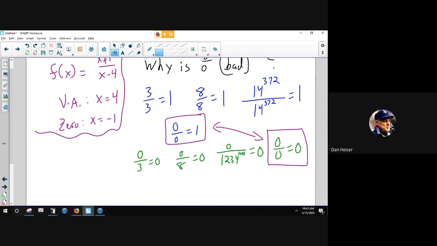If we're allowed to divide 0 by 0, then that means the number 1 has to equal the number 0. That means 0 and 1 are exactly the same.